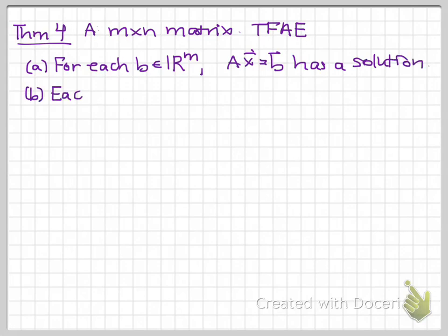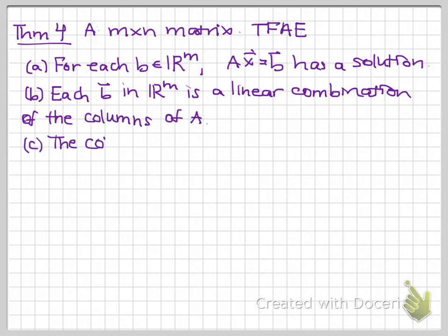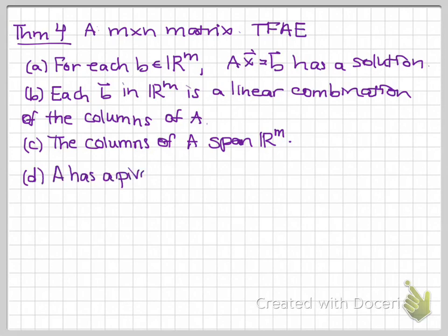That's the same as each B in Rm is a linear combination of the columns of A. And that's the same as saying the columns of A span Rm. So what does that mean to span Rm? That means that any vector in Rm can be written as a linear combination of the columns of A.